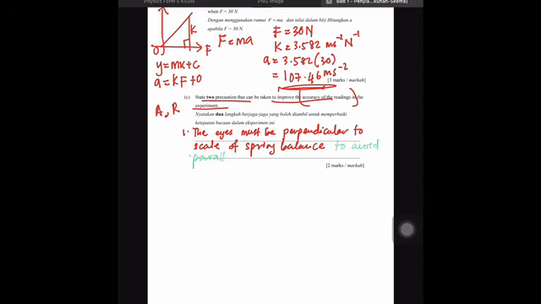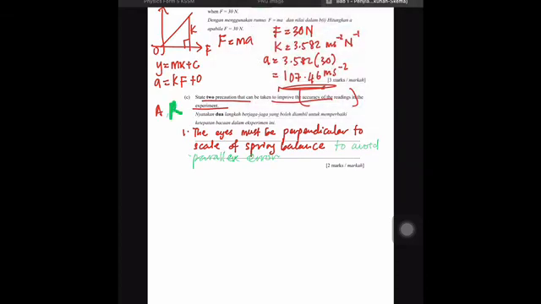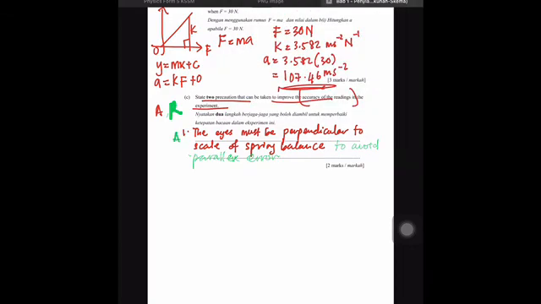So this is your action, this is your reason. Number 2, what else can you do?